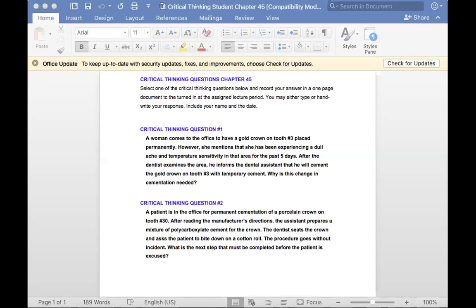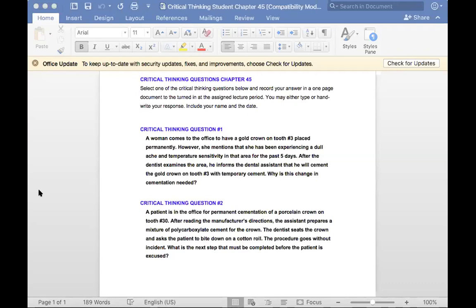Zinc eugenol has a calming oil that helps calm down the pulp. And the other one acts as like a base. Okay. Technically, they can all pretty much be used as a base, right?